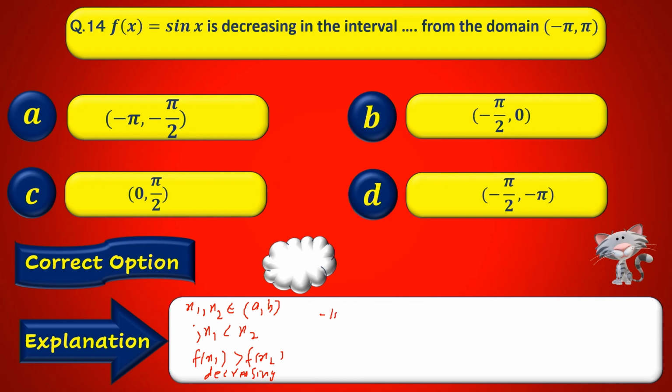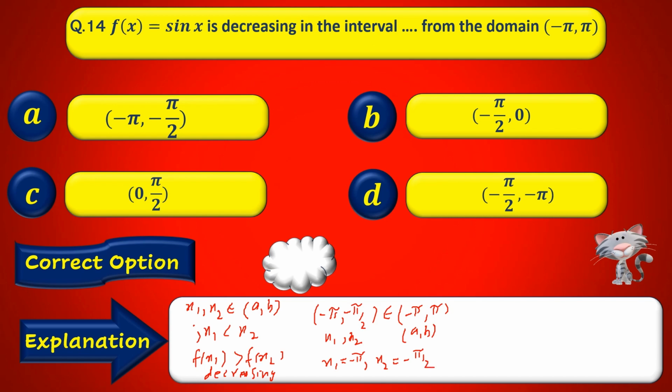Now let's apply this logic to the first option. Here minus pi to minus pi by 2 belongs to the interval minus pi to pi. Call it as AB, and this is x1, x2. x1 is equal to minus pi, x2 is equal to minus pi by 2.